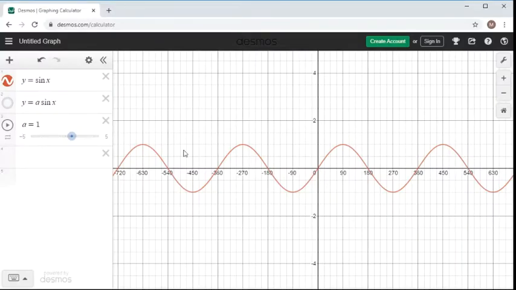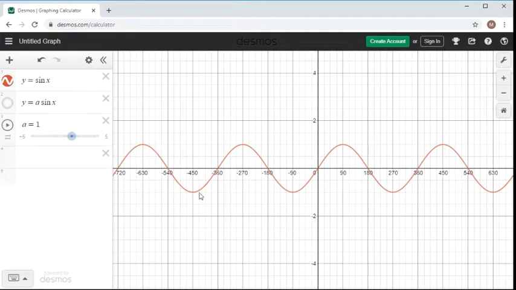We are going to investigate how our graph of sine x is going to change if we have a number multiplied by the graph, as we call it an a value, or later we'll call it the amplitude.